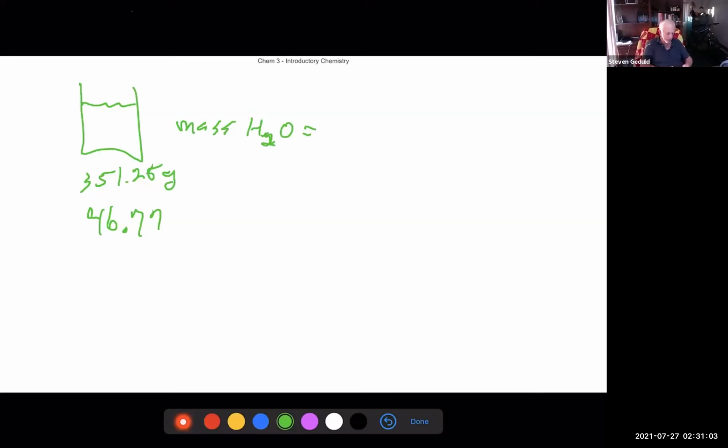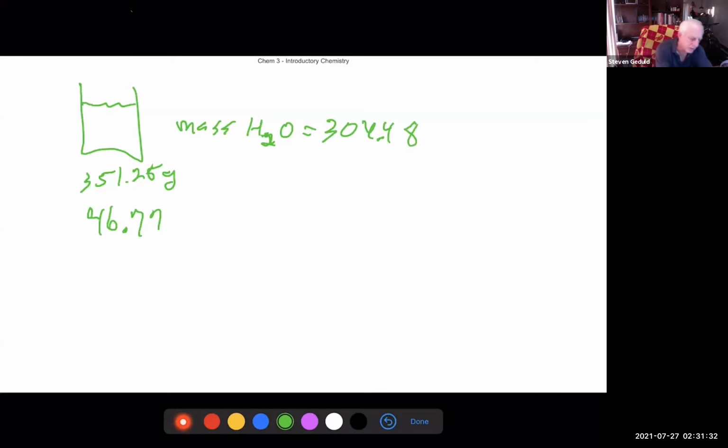You just subtract the weight of the dry beaker from the weight of the beaker plus the water. 351.25 minus 46.77 equals 304.48.